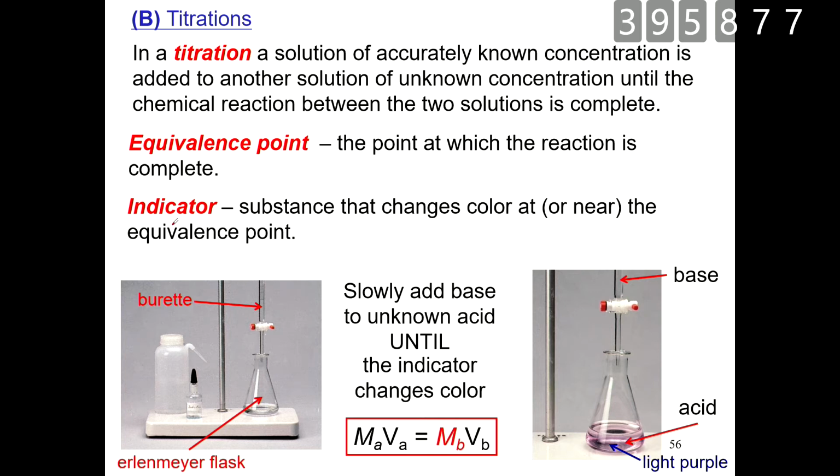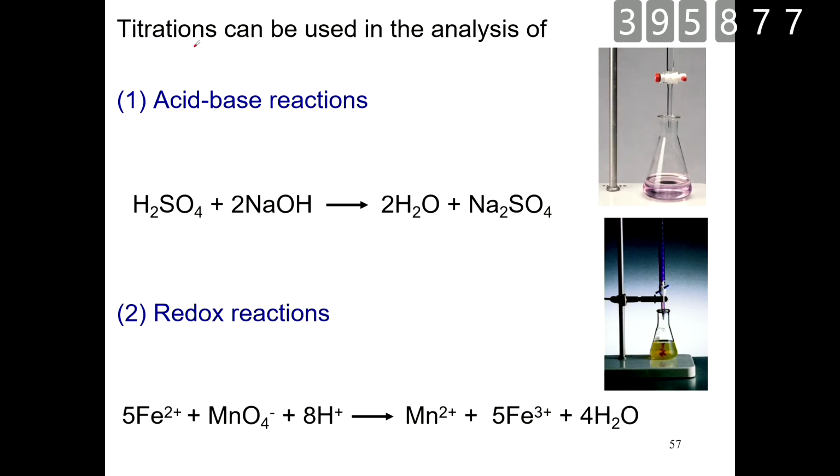But for some reactions, for example this reaction, we don't need to add an indicator. For the acid-base reaction, usually we add indicators. But for redox reactions, the color of the reactant and the product is different.